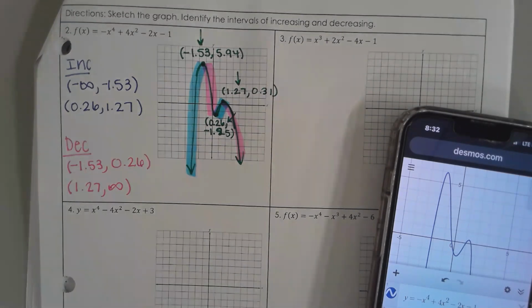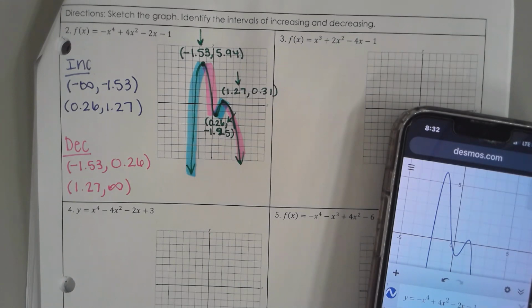Notice if you start at the very beginning and go through, you start at negative infinity, and this interval ended at negative 1.53. This one picked back up there. And then it ended at 0.26. That one picked back up there. And then you end with positive infinity.